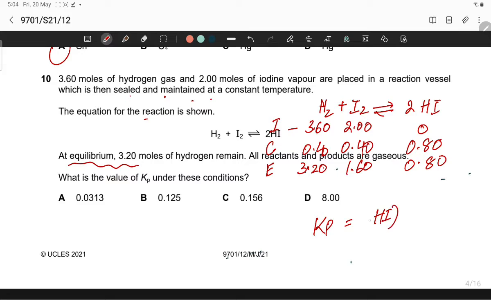HI squared divided by partial pressure of H2 and partial pressure of I2.